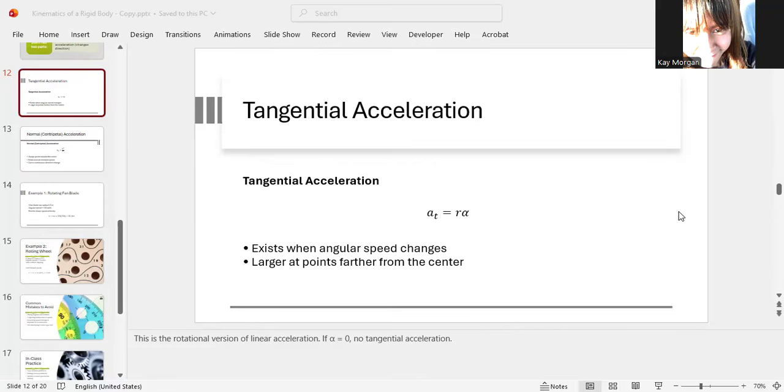So if the angular acceleration, which is your alpha, is not zero, meaning there is angular acceleration. Every time the problem says there's no angular acceleration, you have to understand it means zero.